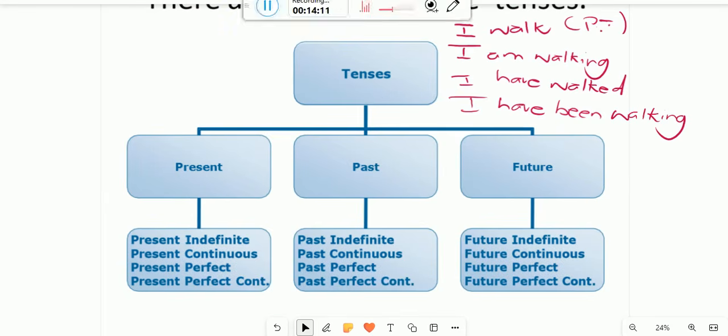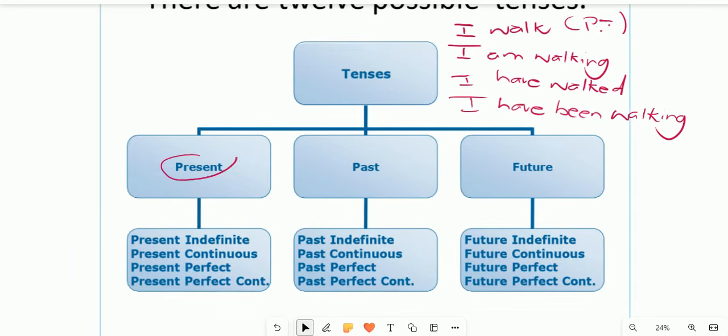The tenses, pardon me. We are going to look into our present tense, and now look into present tense when it's indefinite, meaning that it's a simple present tense like we have just discussed. Present tense when it is continuous, when it is perfect, when it is perfect continuous. So let us look into the examples that I've just made here. I walk.